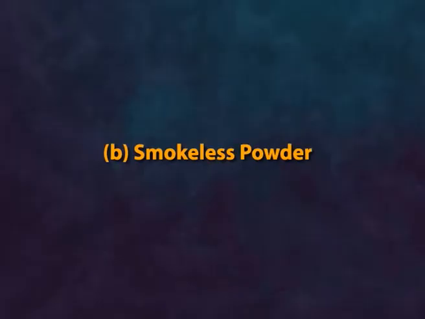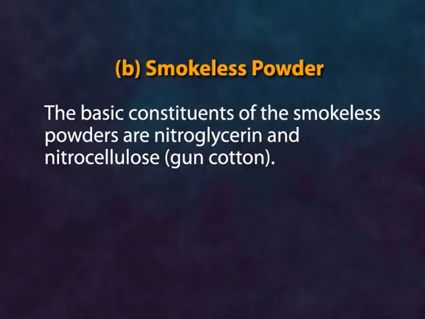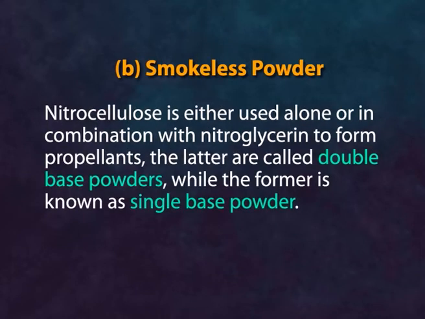Next is smokeless powders. The modern high velocity era started with the use of smokeless powders. The basic constituents of the smokeless powders are nitroglycerine and nitrocellulose, that is gun cotton. Nitrocellulose is either used alone or in combination with nitroglycerine to form propellants.